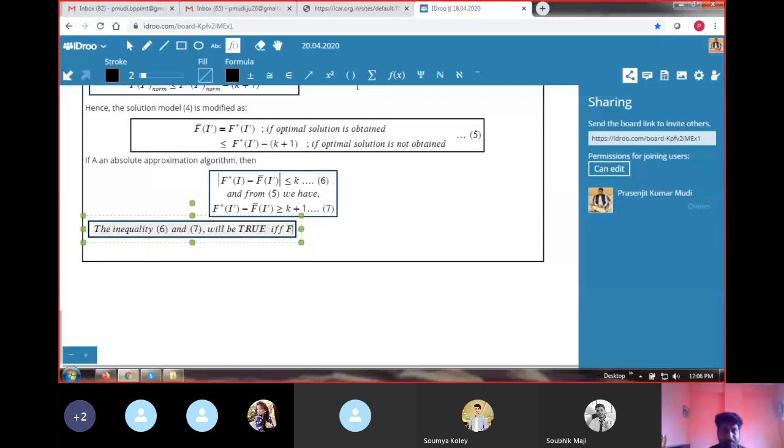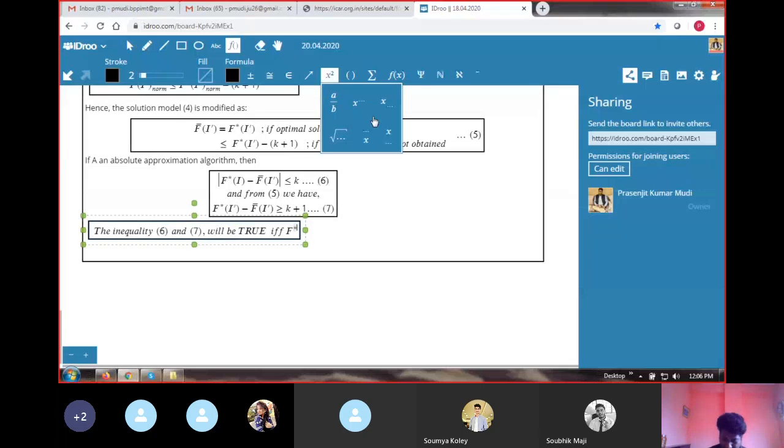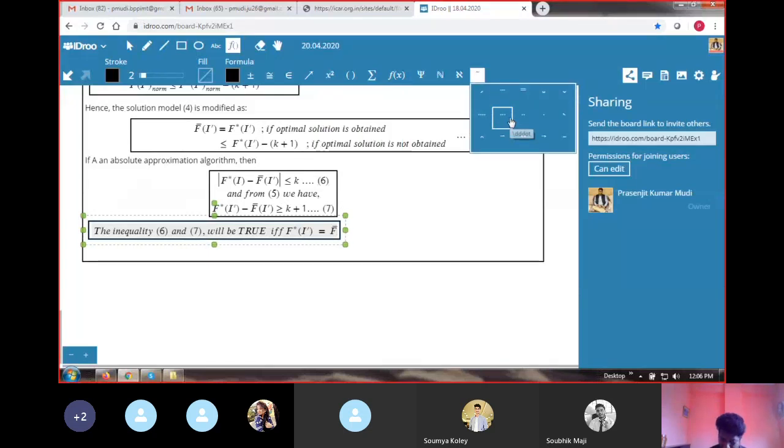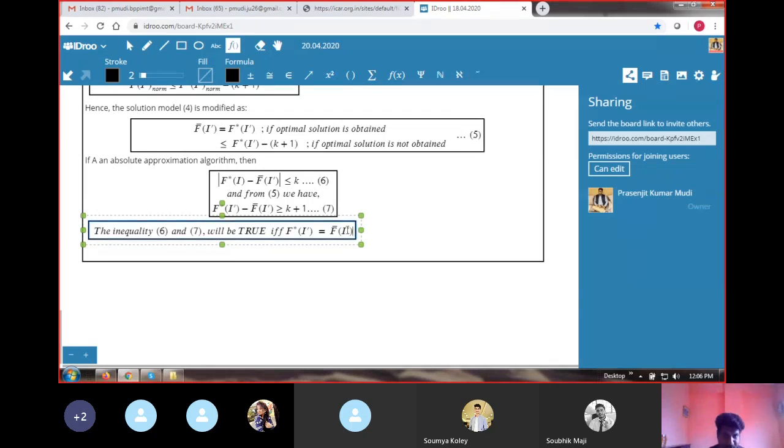So f star I dash has to be equal to f bar I dash. What is f bar I dash? f bar I dash is the feasible solution generated by algorithm A, and f star I dash is the optimal solution to the problem instance I dash.